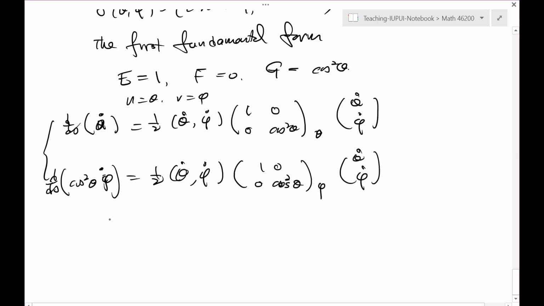Constant unit speed means theta dot square plus phi dot square cosine square theta is going to be 1. That is our assumption.